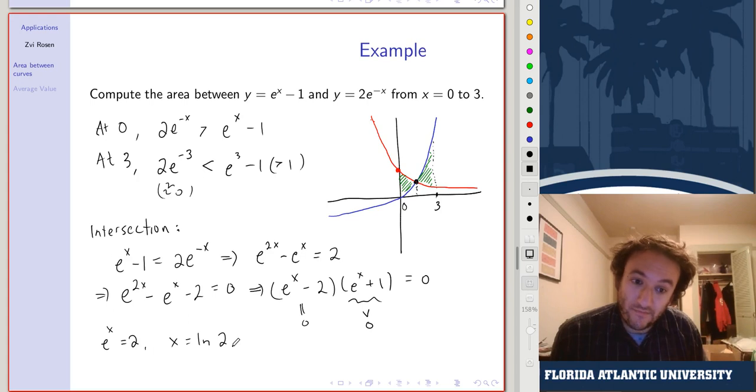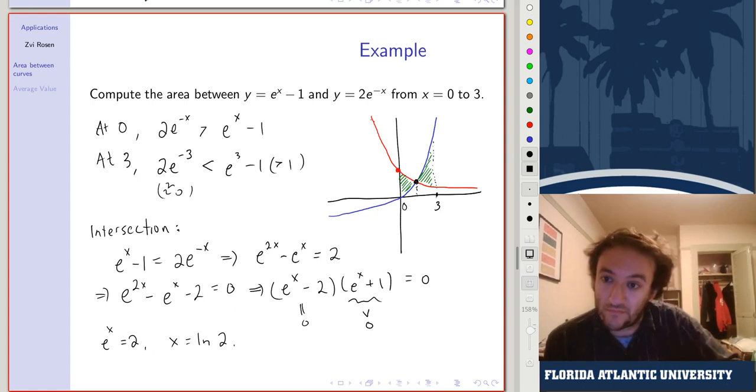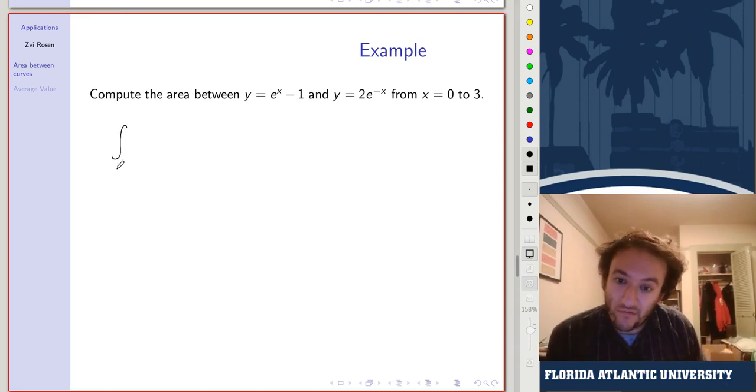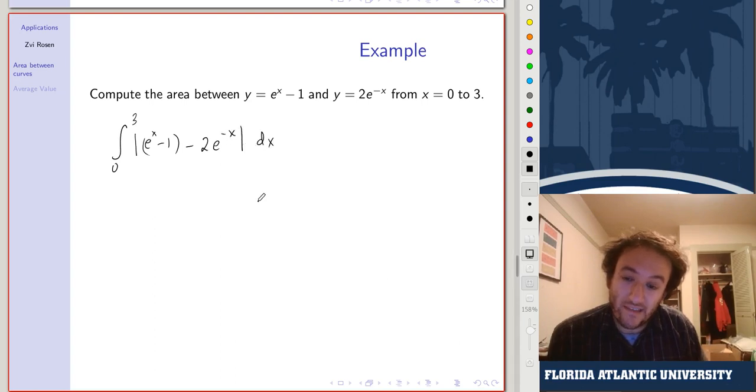So now we're going to plug this all into our formula. So we're looking at the integral from 0 to 3 of absolute value of e to the x minus 1 minus 2e to the minus x dx, and this is equal to the integral over the interval where the first function is greater.